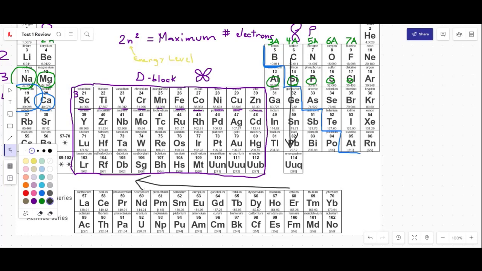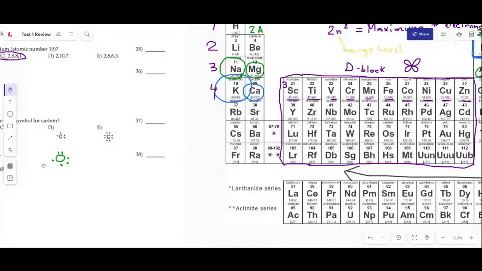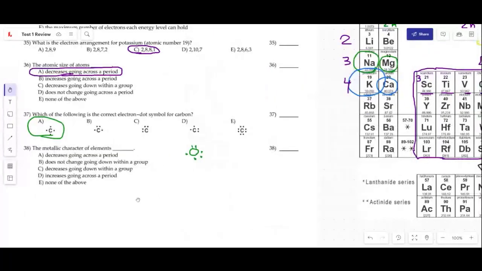Now, when it says across, it's usually referring to across to the right, but it really should say to the right instead of saying across. But anyway, based on the fact that going down and to the left is going to give you a more metallic element, which one of those answers for 38 is the best answer?